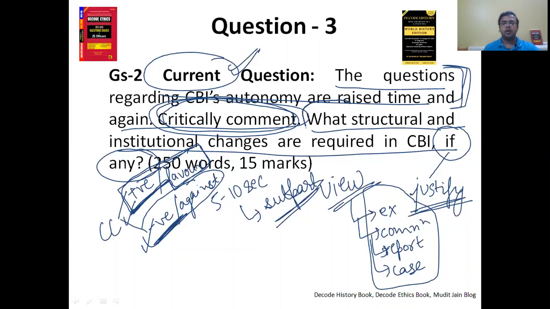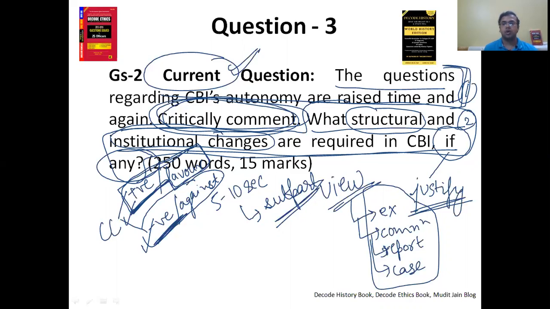Similarly, here it is not a critically comment thing, but then, as I told you in the previous questions, look for opportunity to subdivide your question into multiple parts. So you can make this the third part, structural changes that are needed, and this the fourth part. I am sure some of you would have identified two parts. First is this and second is this.